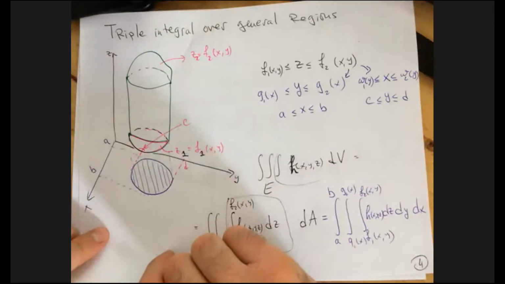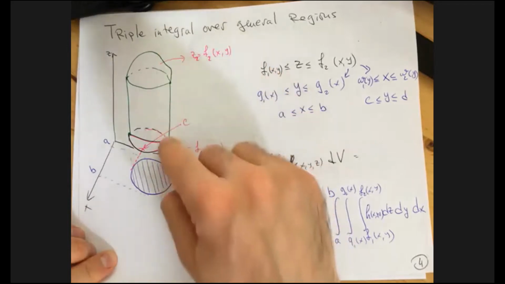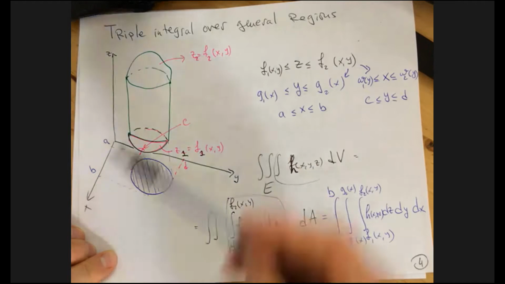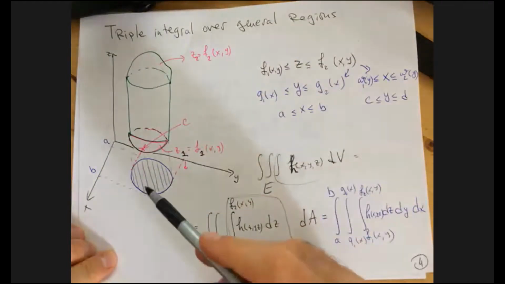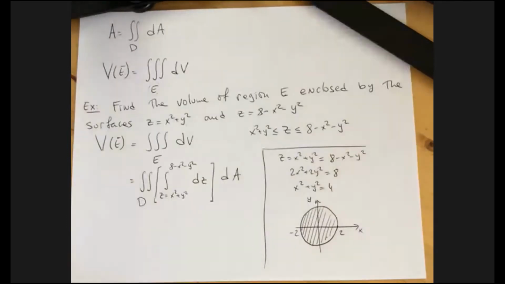When we talked about triple integral over general regions, you bound z, right? And then you deal with the double integral that's left by looking at the projection of this intersection onto the xy plane. And that's exactly what's happening here, right?